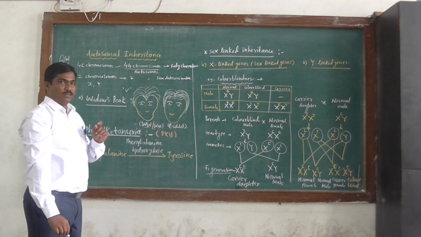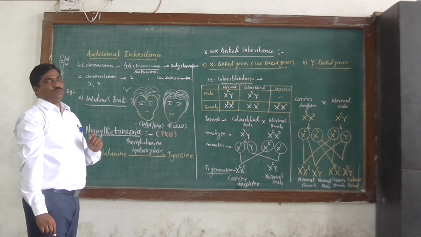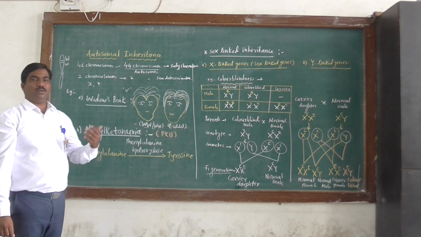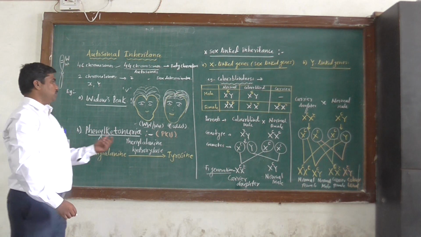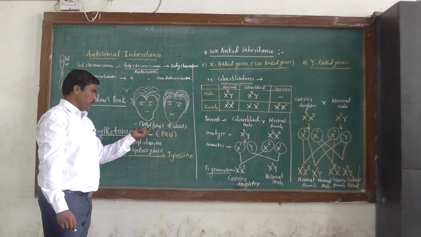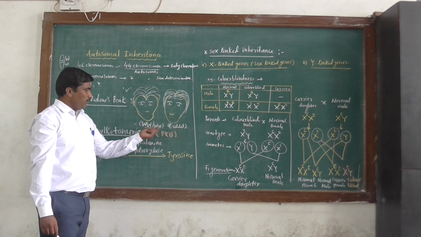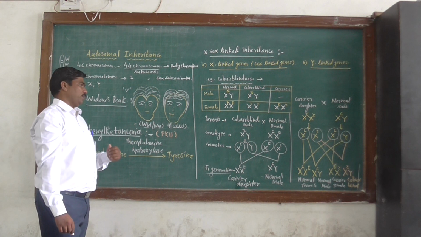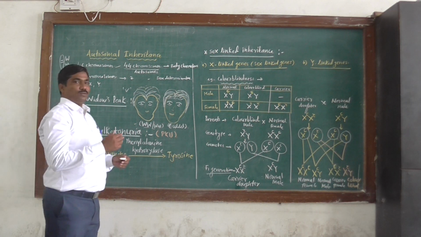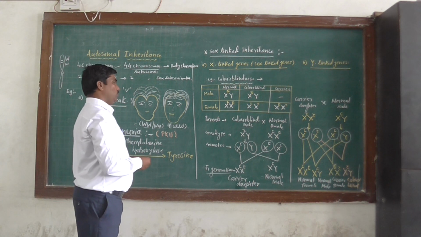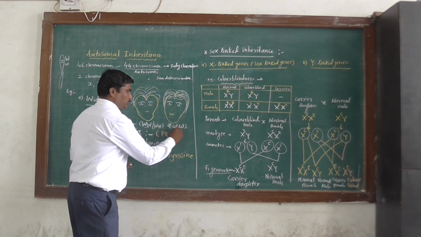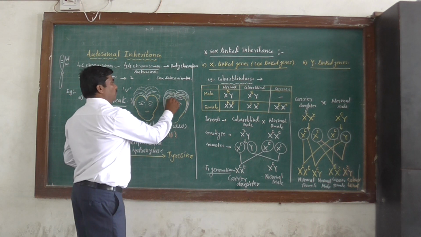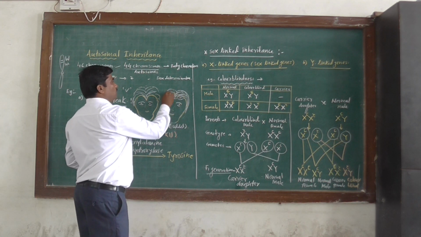This trait is controlled by the dominant gene present on an autosome. So in a homozygous or heterozygous condition, this trait is expressed, and in a homozygous recessive condition, for example small w, a straight hairline occurs.